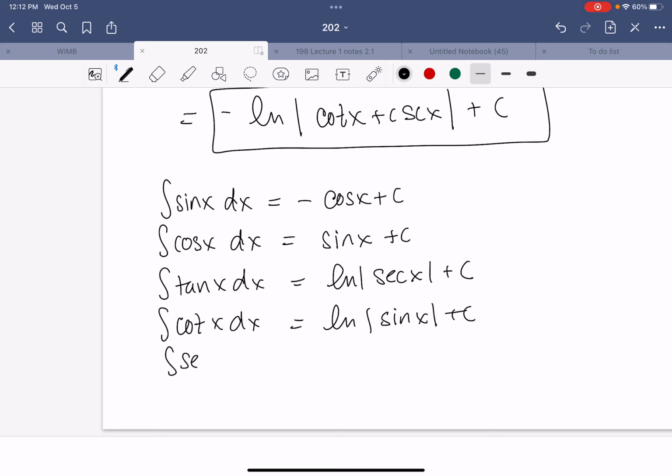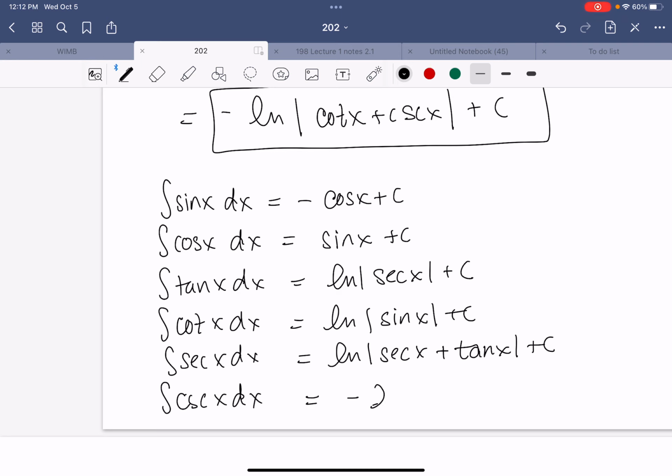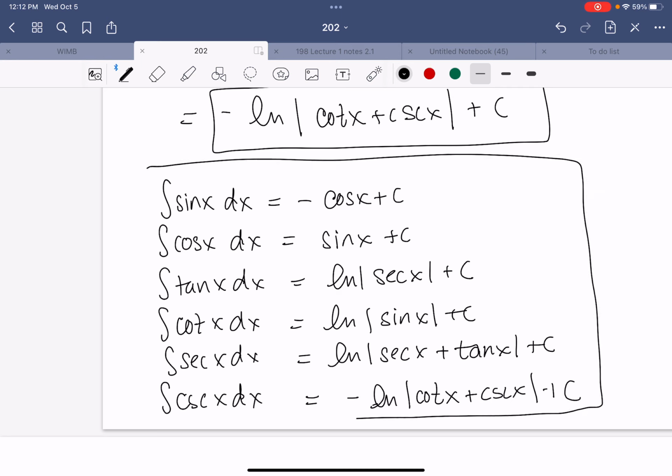The integral of secant x dx is the natural log of secant x plus tangent x plus a constant. And the integral of cosecant x dx is negative natural log of cotangent x plus cosecant x plus a constant.